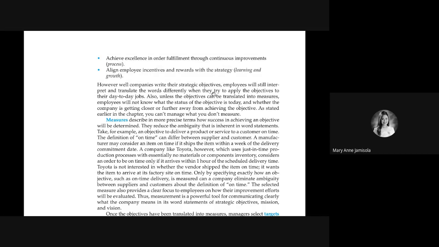And then again, what comes next after defining our objectives? We need to also set up our measures. So, how can we measure our objectives? Because again, the objectives are just verbal statements or mga words ba, mga words.